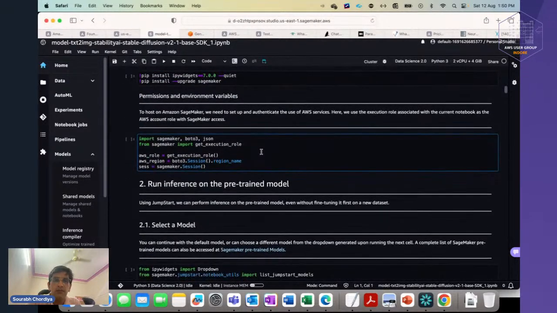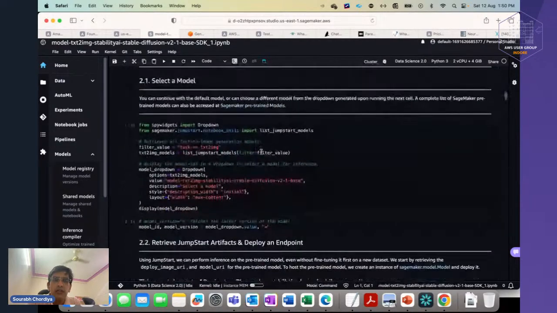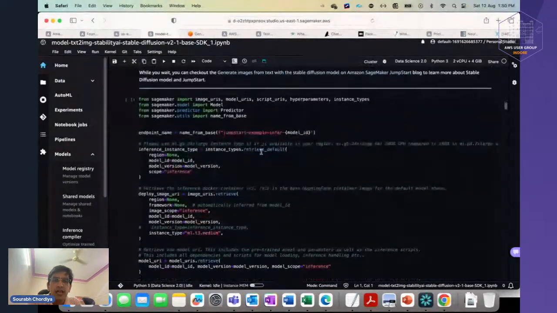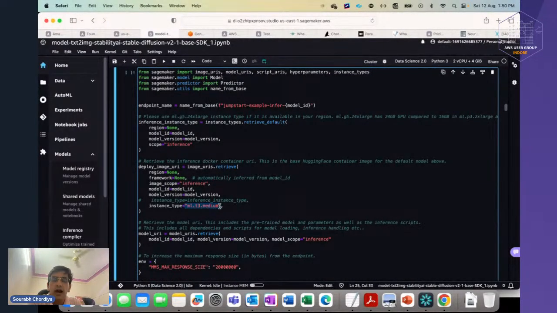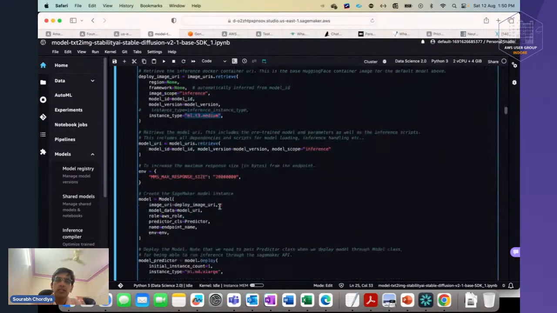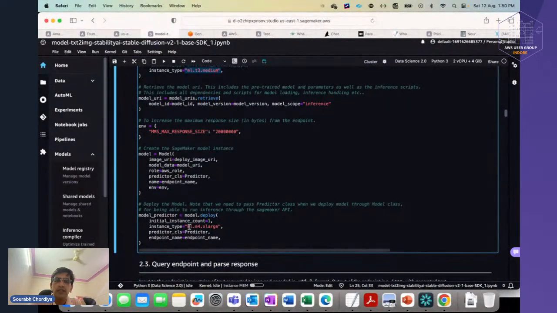For example, it was not available for me either, and I had to change the machine type over here. When it says instance type, by default it was using a higher configuration that is not available in our trial accounts. But if you can use ml.p3 medium or ml.m4 x large for the prediction service, then you should be able to use this and generate some outputs.